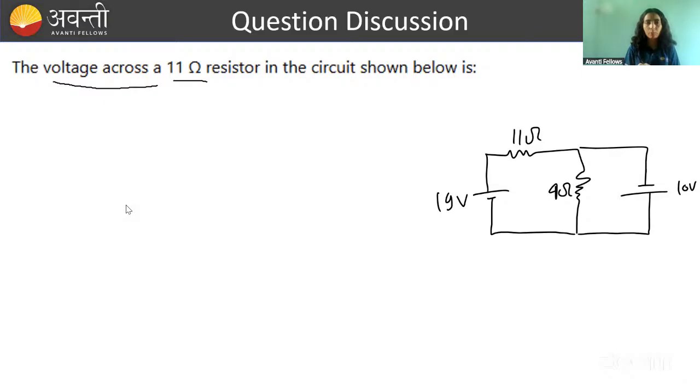You have to calculate the voltage drop across the 11 ohm resistor.